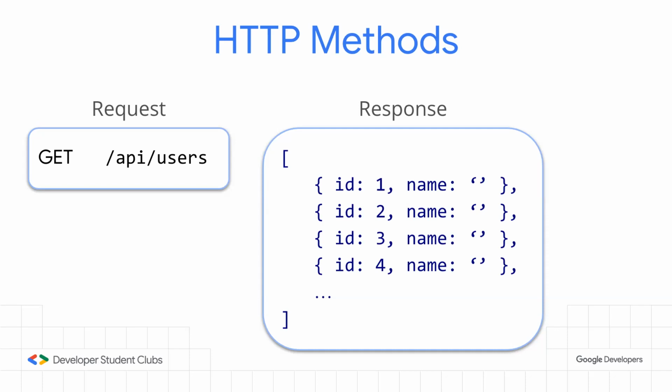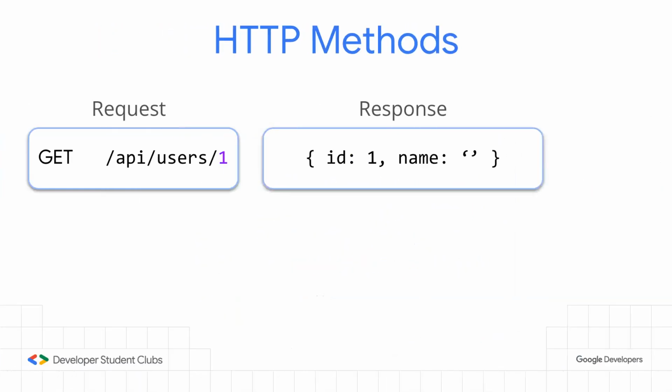By the way, JSON stands for JavaScript Object Notation. Each of the things inside of the brackets is a JavaScript object, and that's how we usually communicate data through REST APIs. So a GET request to this URI would usually bring us a response like this.